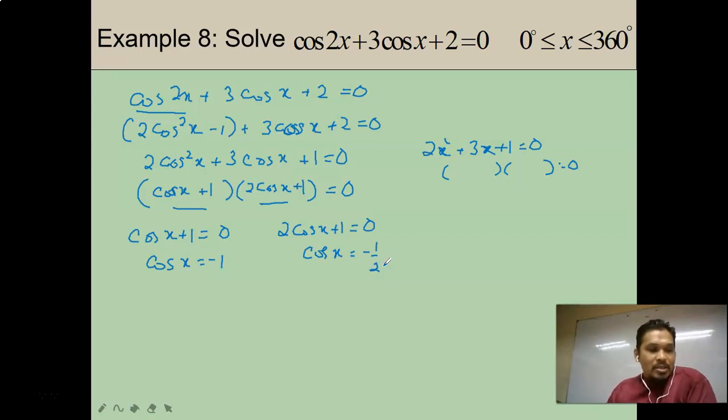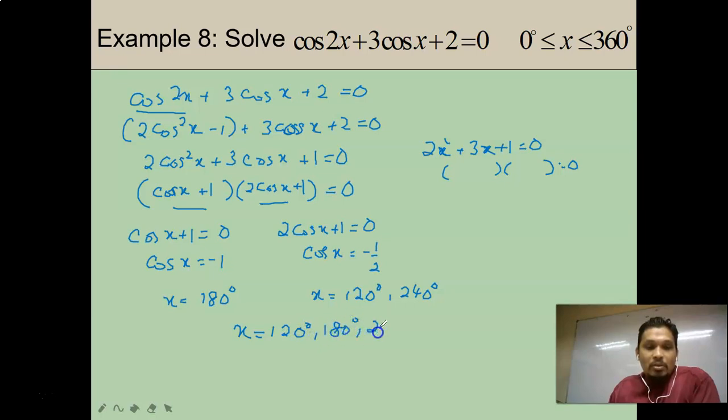From here, x equal to 180 degree, and cos x equal to negative half gives x equal to 120 degree and 240 degree. So we list them all in one row, where x equal to 120 degree, 180 degree, 240 degree.